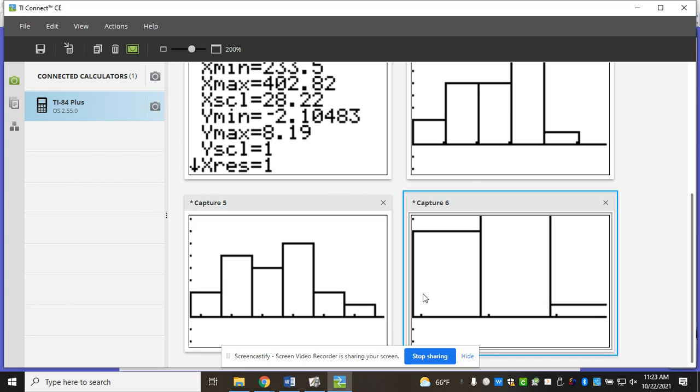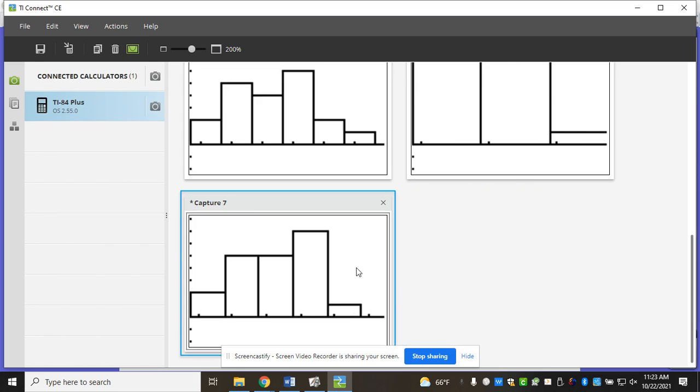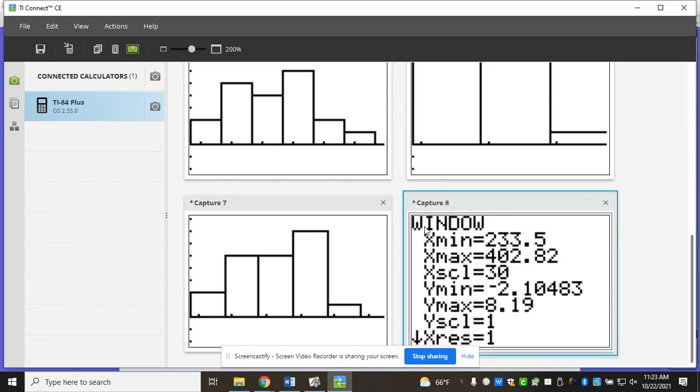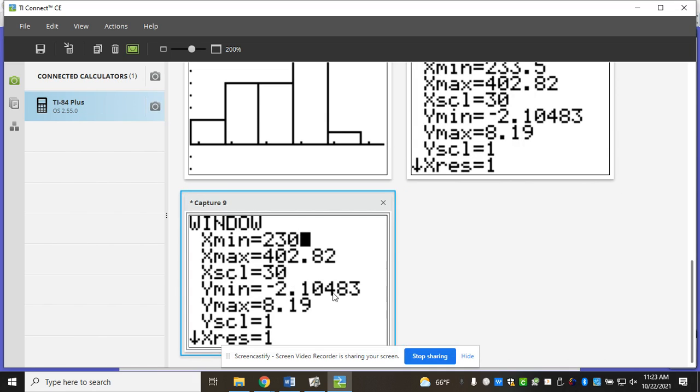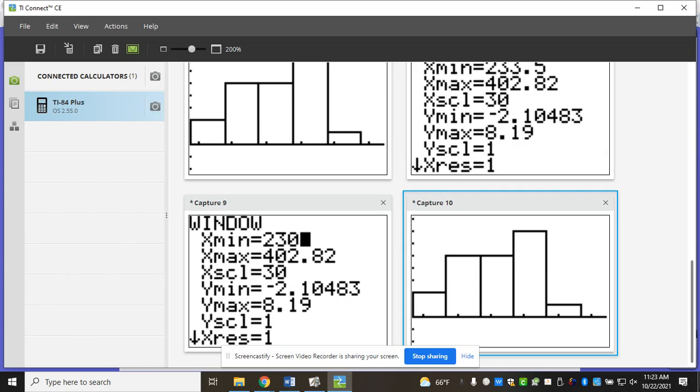Just to show you an example of something that you can also do, here I use 30. I could actually technically change my minimum. So let's say I want to make my graph start at 230 and go by 30 instead. Now, that didn't help me much, but sometimes it will.